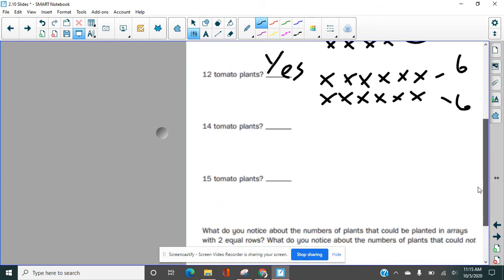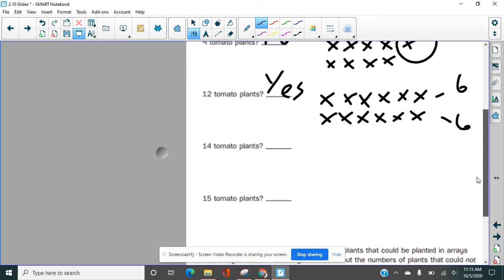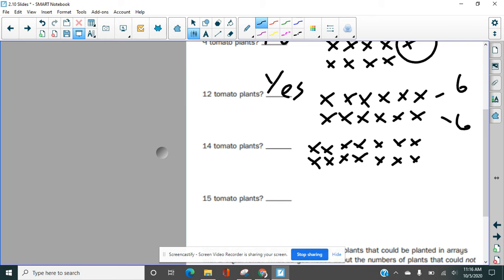All right, let's work here a little bit together, but a little bit on your own. 14 tomato plants. All right, take a moment and draw your picture. Hey, what did you find out?